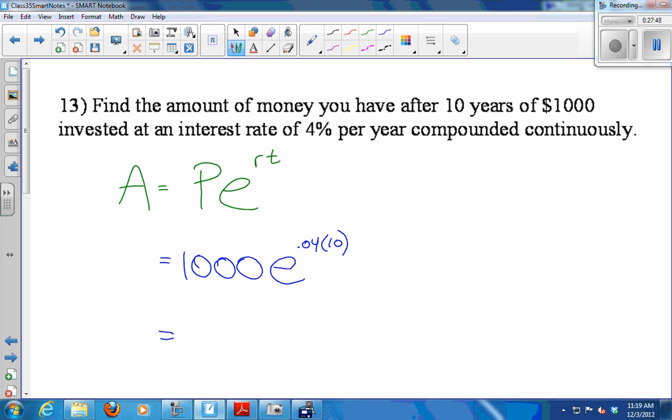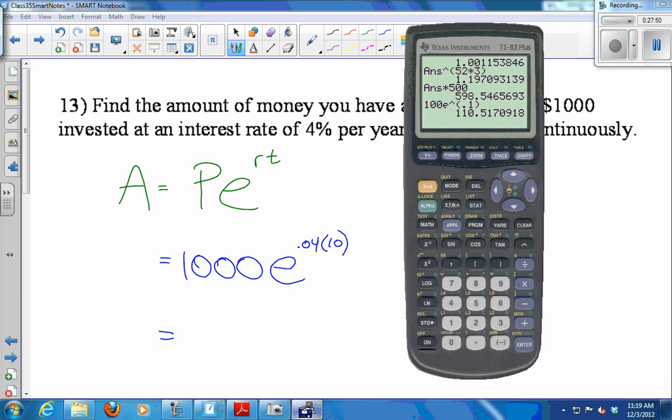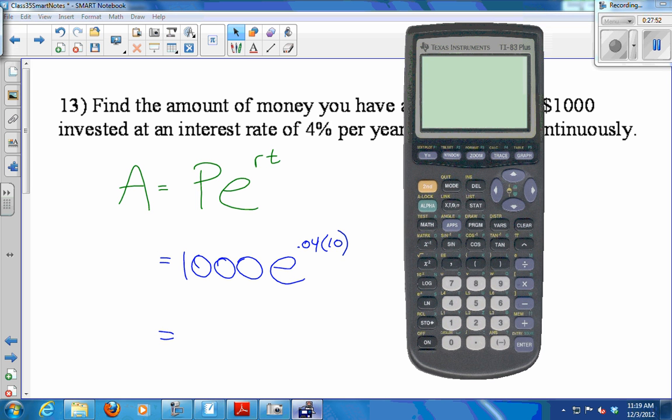Okay, so now I just have to put this into my calculator, careful to follow the order of operations. So I could do 1,000 times, I use this e to the x button, second e to the x, and it asks me what I want to raise it to. Well, 0.04 times 10, I could do it in my head, that's 0.4.